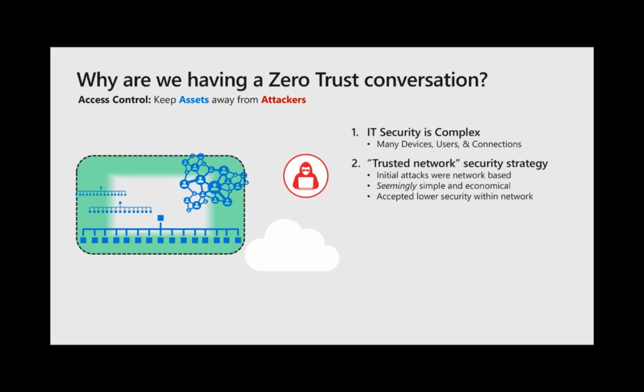That's one challenge. The second is the trusted network security strategy. People try to put trusted network security in place, but the network security perimeter is quite old now. We try to help that, but you still have to work on it.